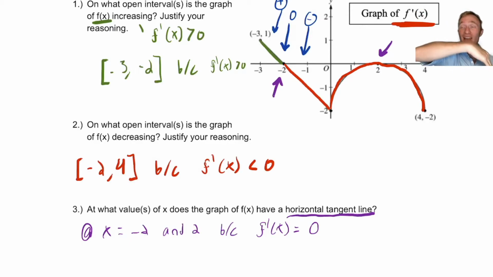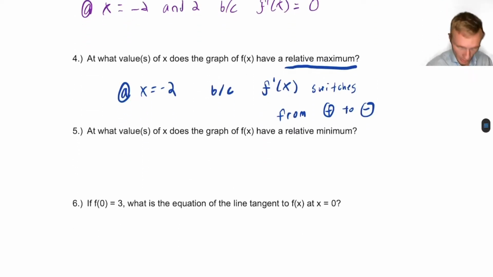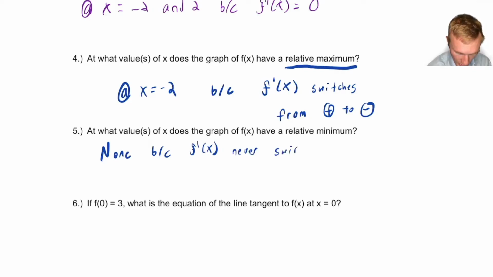Then it's negative again. So it's a saddle point. Negative, 0, negative. It never actually hits a minimum value there. So I would say here, none, because f prime of x never switches from negative to positive. Even though it hits 0, it doesn't actually switch from negative to positive.